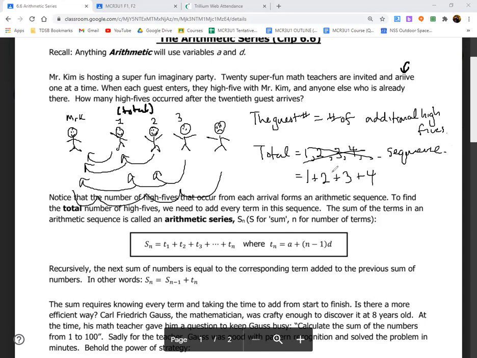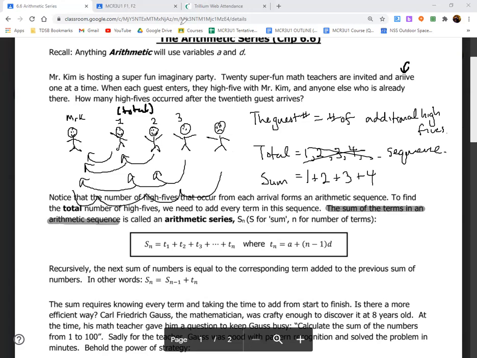What is a series? A series is when we are interested in calculating the sum of the sequence. Right here, the arithmetic series is the sum of the terms in an arithmetic sequence.